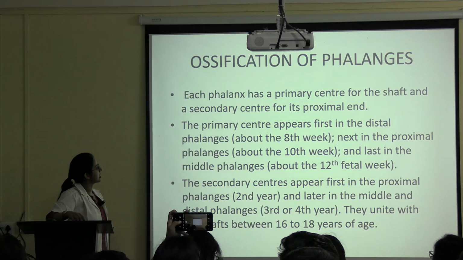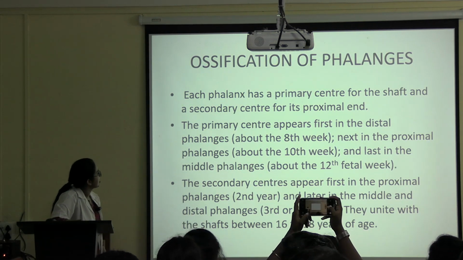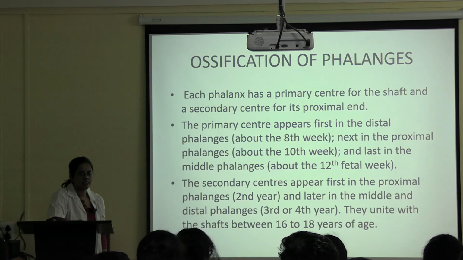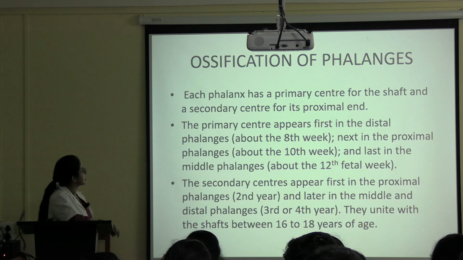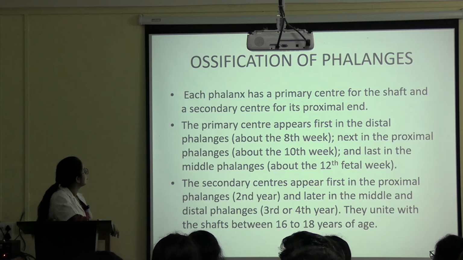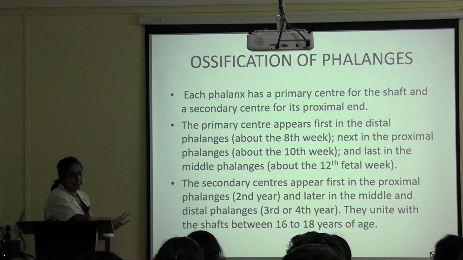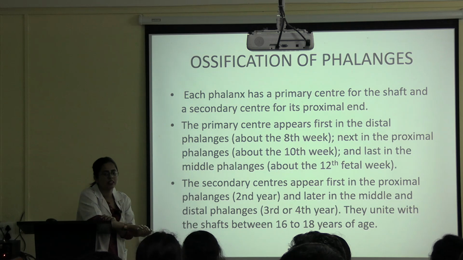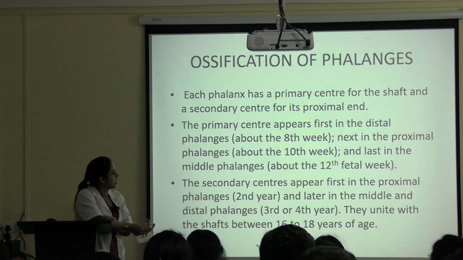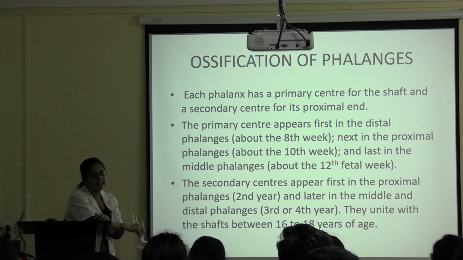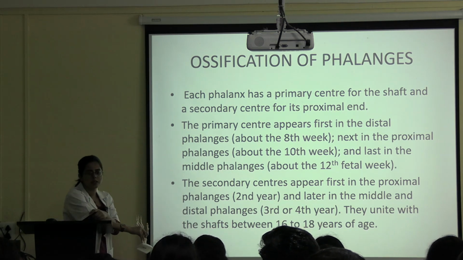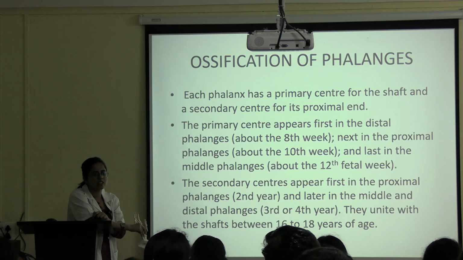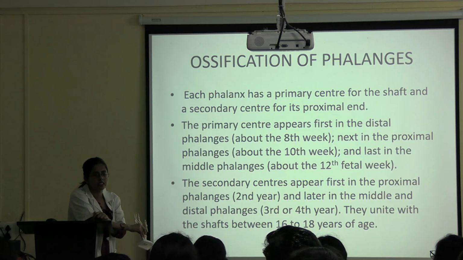So now the ossification of the phalanges. The primary ossification center will appear in the shaft, and the secondary center for its proximal end. The primary center will first appear in the distal phalanx, then in the proximal phalanx, and lastly in the middle phalanx, in the 8th, 10th and 12th week respectively.